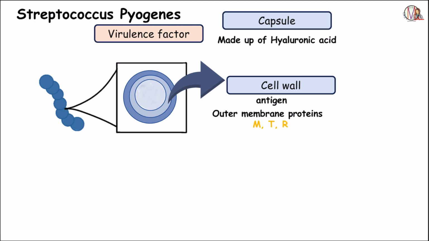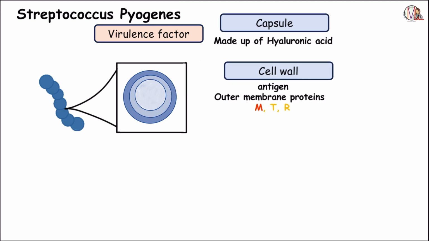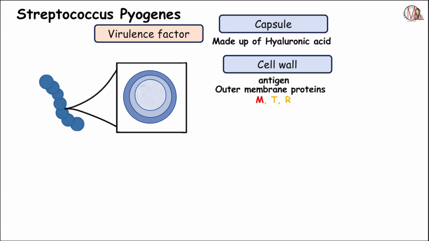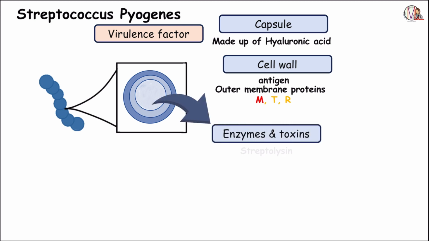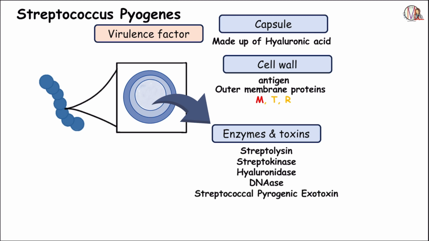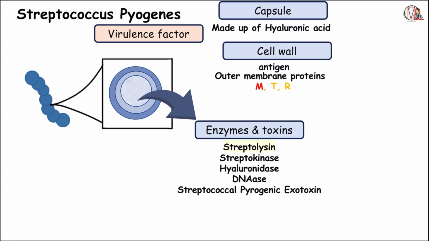The M protein, in particular, serves as the basis of Griffith typing. Additionally, it produces various enzymes and toxins such as streptolysin, streptokinase, hyaluronidase, DNase, and streptococcal pyrogenic exotoxin. These factors collectively contribute to the pathogenicity of Streptococcus pyogenes.